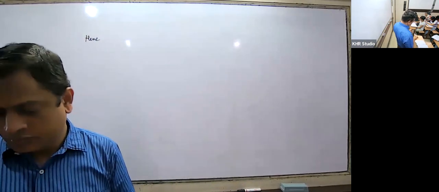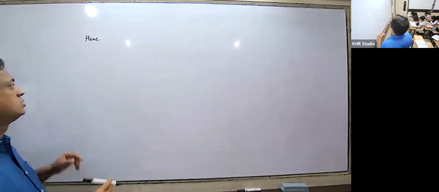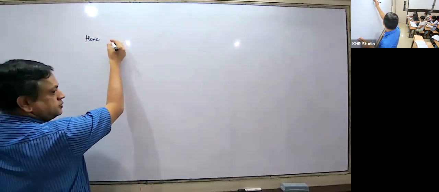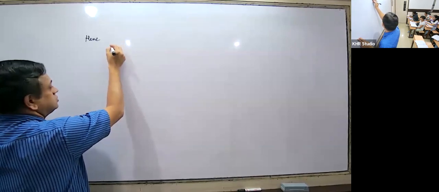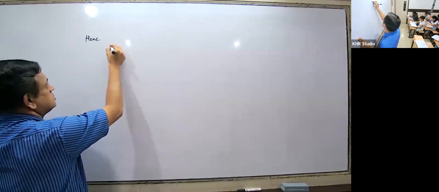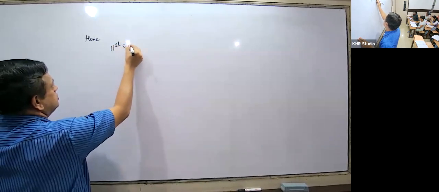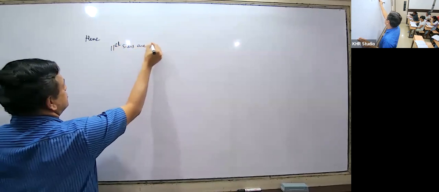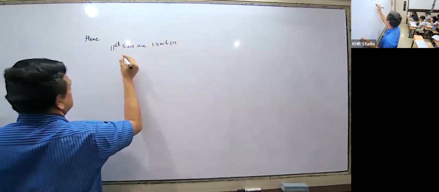Written? Yes. Sides are given. The cross section is a trapezium where the parallel sides are 1.5 meter and 3 meter.